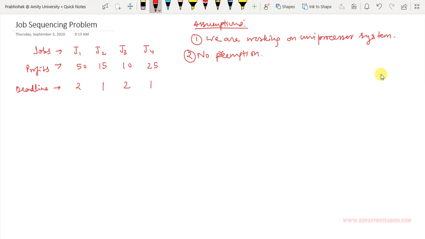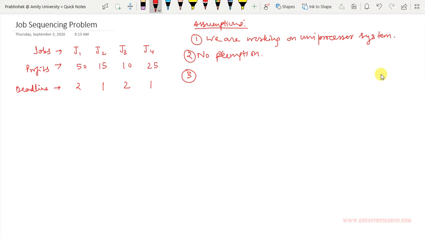It should not be like that one job has started its execution, and in between it stops, and without completing its task, another job starts. One job has started its working, now it will complete its task, and only after the completion of its task will another job start.